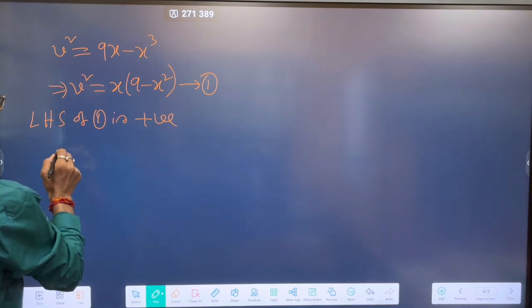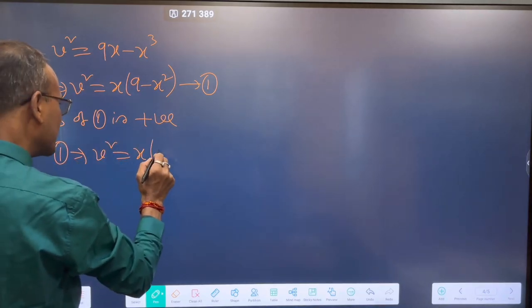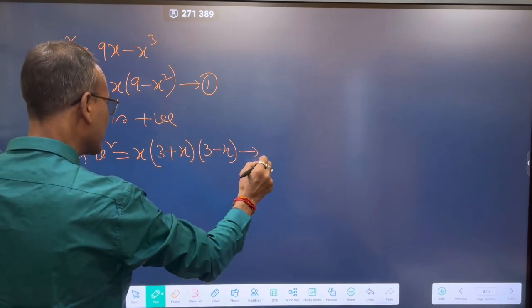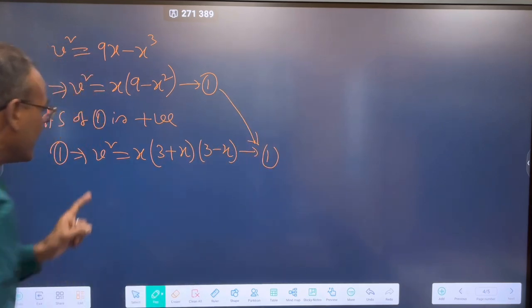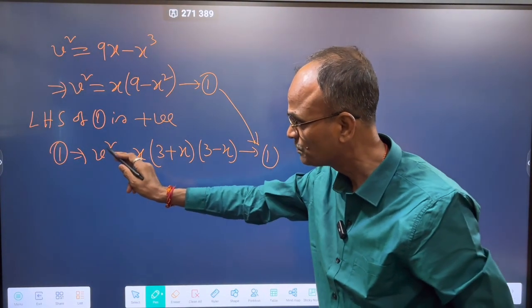So 1 can also be written as 3 plus x into 3 minus x. V square is positive.